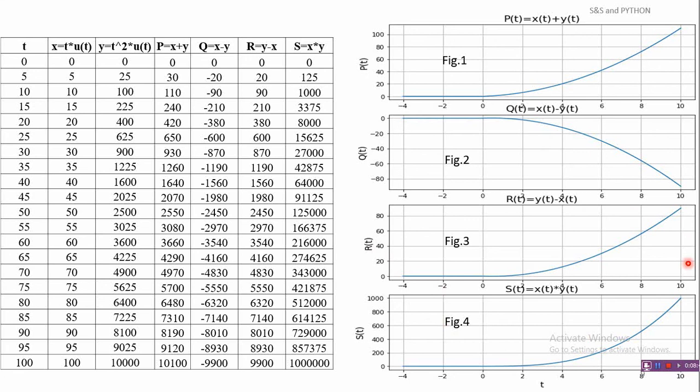Suppose this has to be manually worked out. Here I have used a table which automatically calculates this. If it is to be manually worked out, then you can skip some of these middle values and calculate it for few values of t and then approximately by hand you can plot the graphs of p, q, r and s.